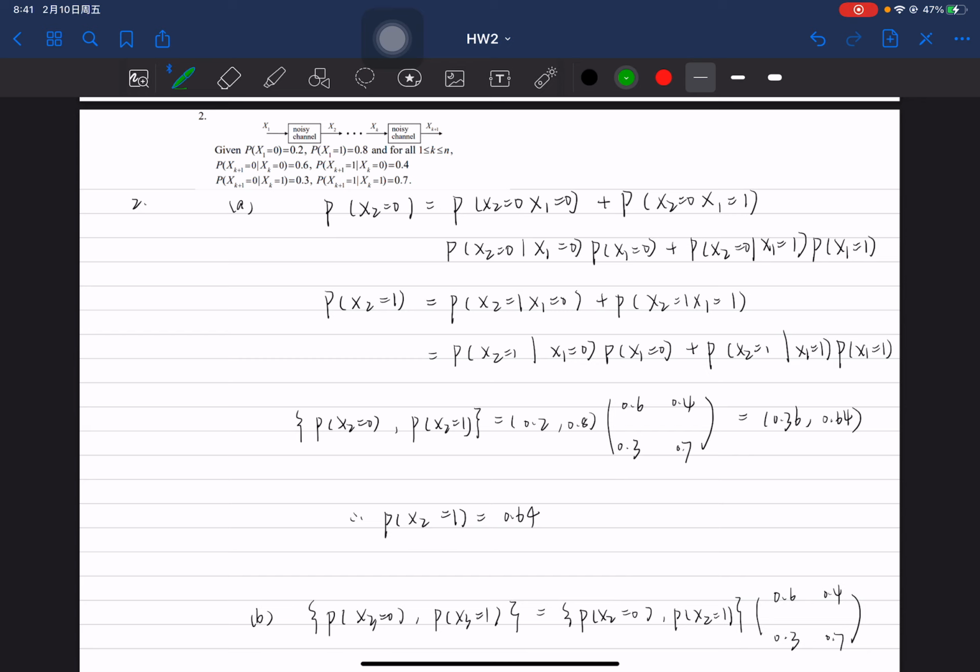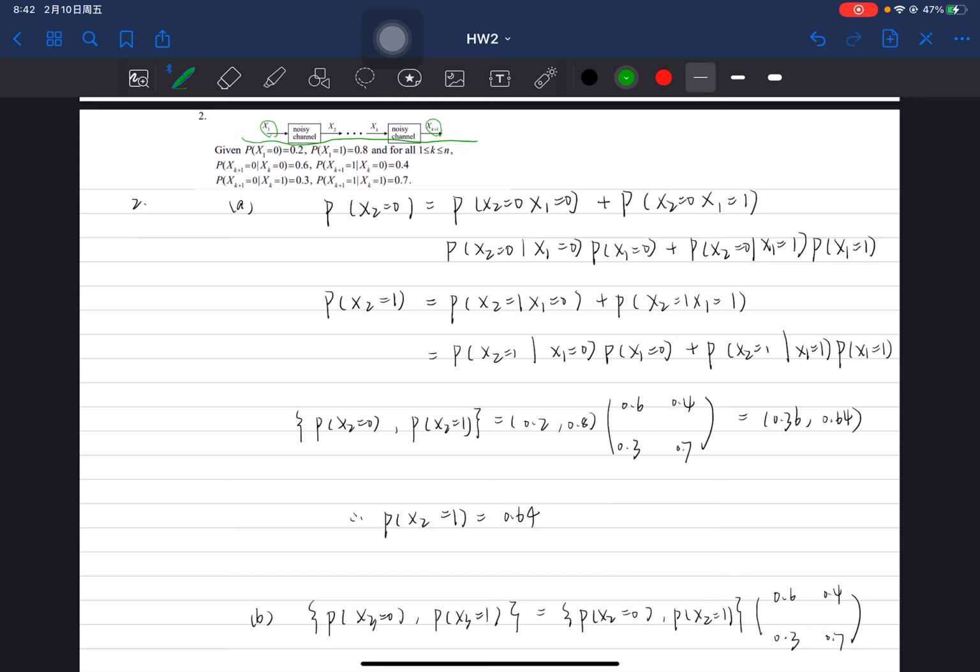The question shows that there is a noisy channel connected in series with the input and the output. The initial input is x1 and the final output is xk plus 1.